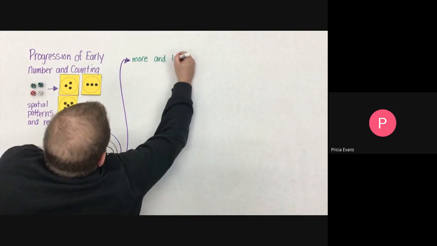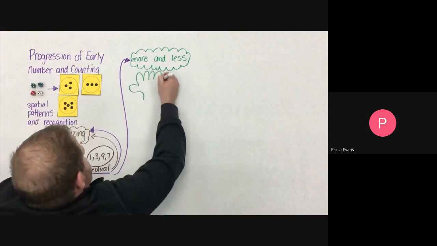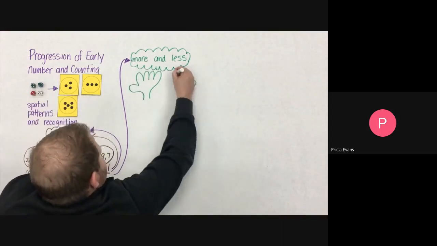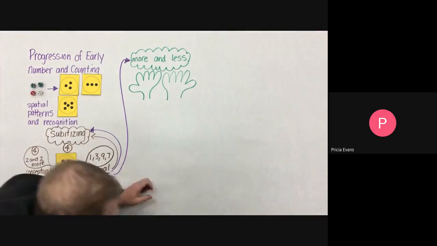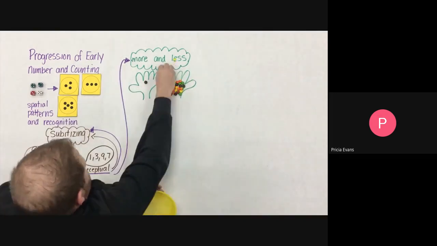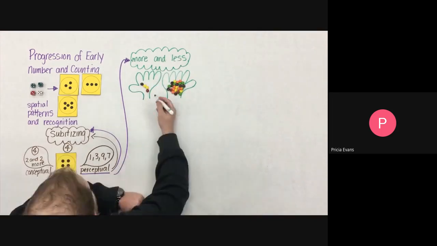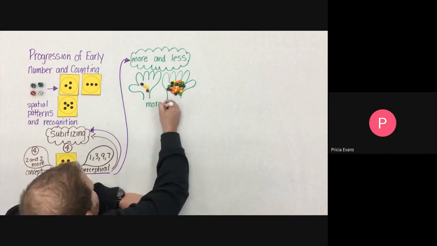So as students are working on this idea of subitizing, they're simultaneously building their understanding of more and less. Let's take these 2 hands, for example. If we were to put some candy in each hand, and then we were to ask a student which one has more, I think most students are going to say the one on the right has more.